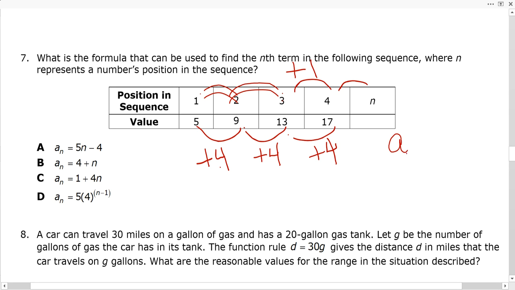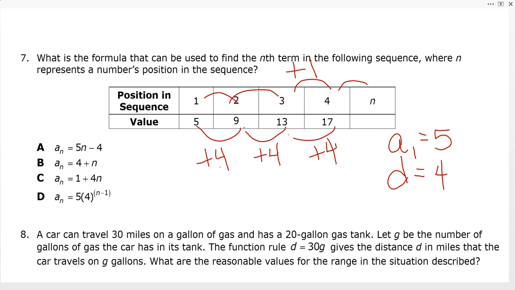So A at 1 equals 5. D equals 4. Oh, I see what they did.